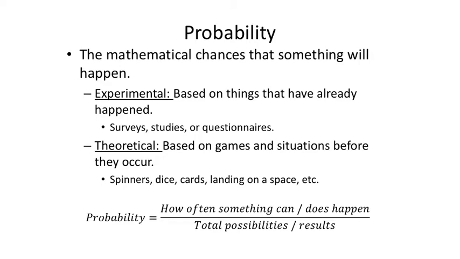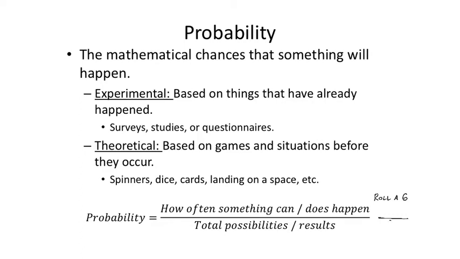So let's look at an example here, and we'll figure out some probability. Let's say that we have a dice, and let's say that we want to roll a 6. Well, we'll make this a fraction. The first thing I would probably figure out is how many total possibilities there are. Well, it's a 6-sided dice, so there are 6 different numbers on the faces.